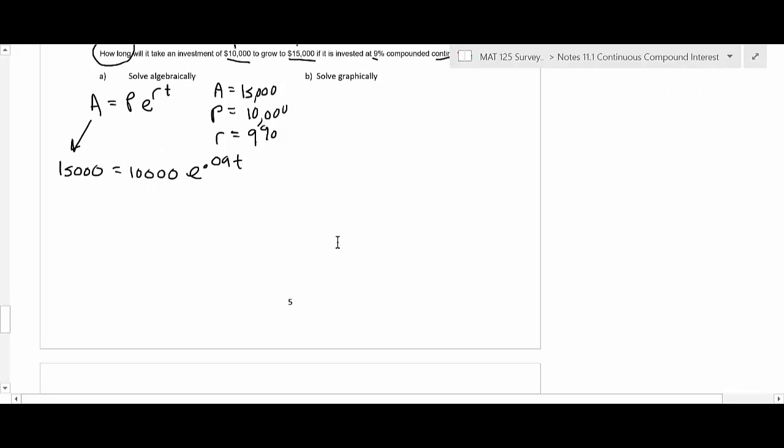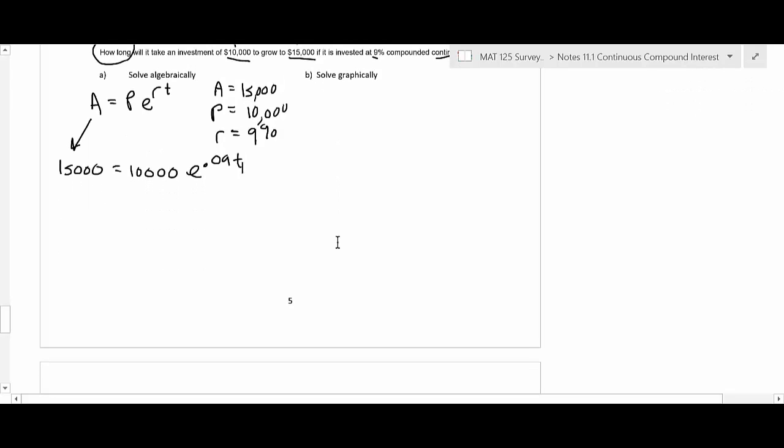All right, so the idea with this, and this is a very practical thing for savings and paying off loans and stuff like that. So you have to do this a certain way. The first thing that you always want to do, and this is going to depend on your skill with logarithms, which we're going to be working with a lot into next week, the first thing you must do is divide both sides of this equation by 10,000.